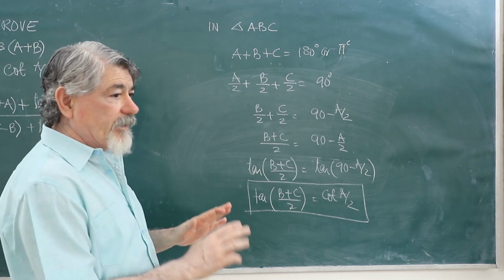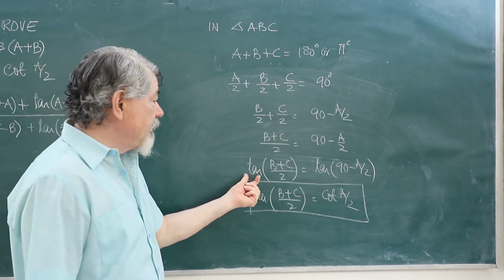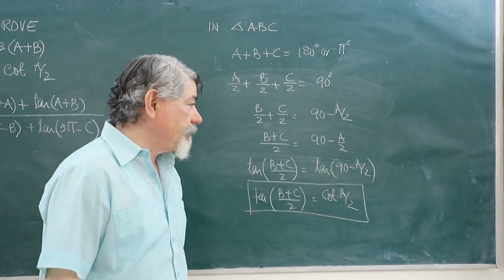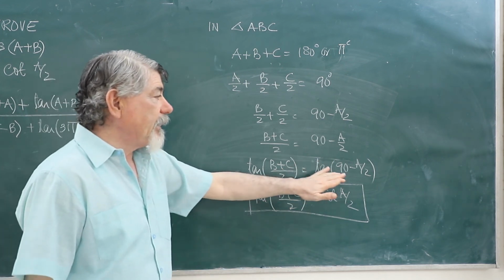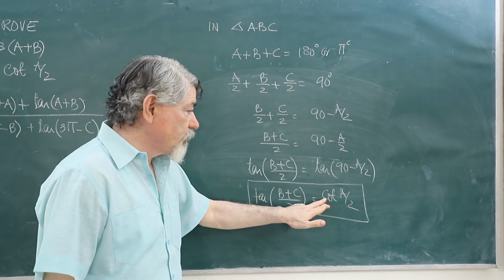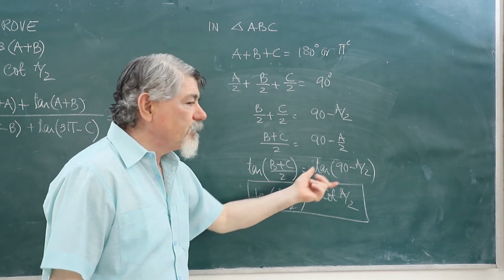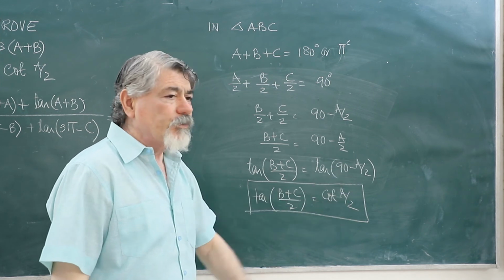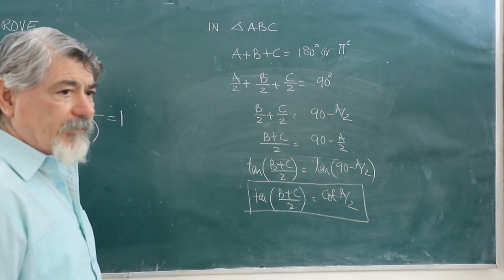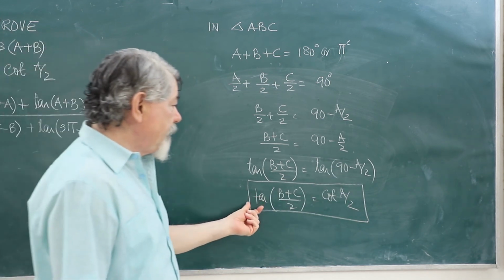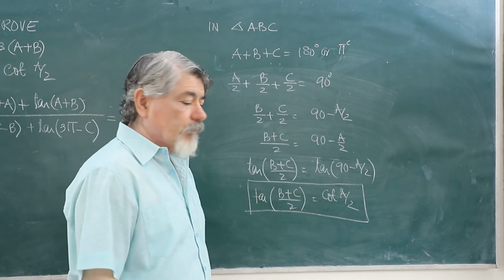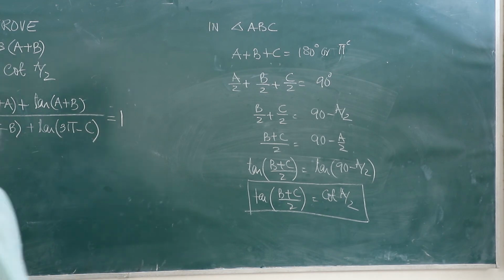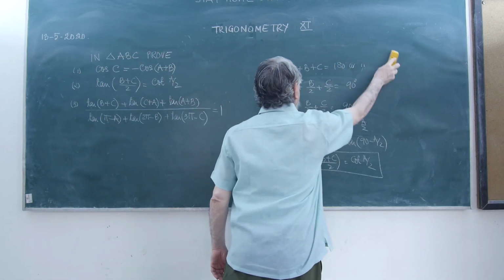So if I take tan of both the sides, I'll get tan of (B plus C) by 2 is equal to tan (90 minus A by 2). And tan (90 minus theta) is cot theta. So it will become cot A by 2. Instead of theta, any angle, and angle A by 2 is also an angle, half of angle A. So tan (B plus C) by 2 will become cot A upon 2. This is the second one. Now let us see the third one.